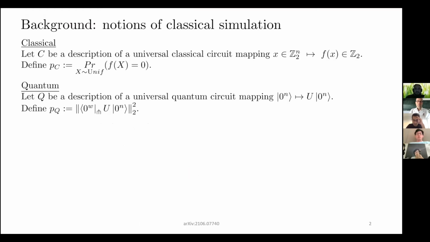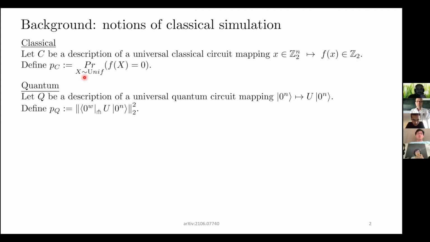So I want to just set up some notions of simulation, and in particular, I want to define these two quantities, PC and PQ, before I define notions of simulation. So let C be some description of a universal classical circuit, so ANDs, ORs, and NOT gates. Then these define some Boolean function that maps bit strings to yes or no, 0 and 1.